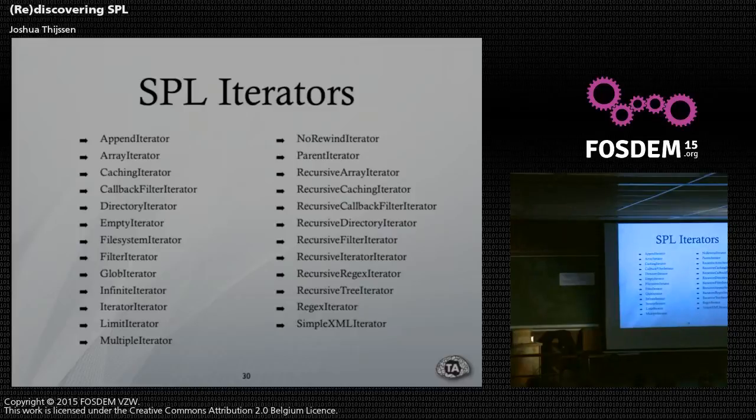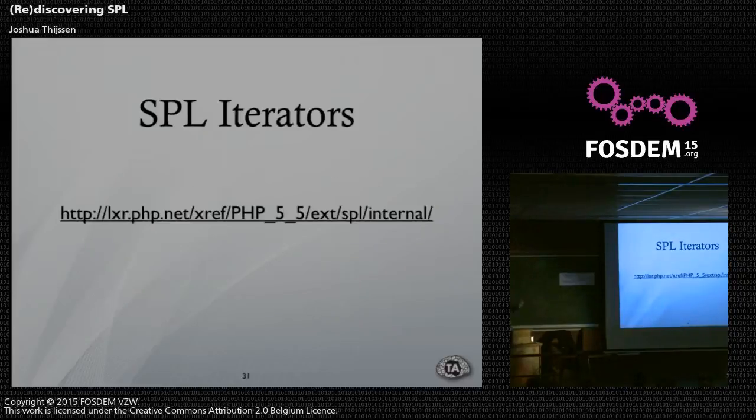However, there's a really cool trick. I'm not sure if you've already seen it today, but this is a website called lxr.php.net. If you look in there, this is actually the source code, the C code of PHP. If you take a look in the SPL directory, there's an internal directory, and that internal directory basically gives you a PHP model of what the iterator does.